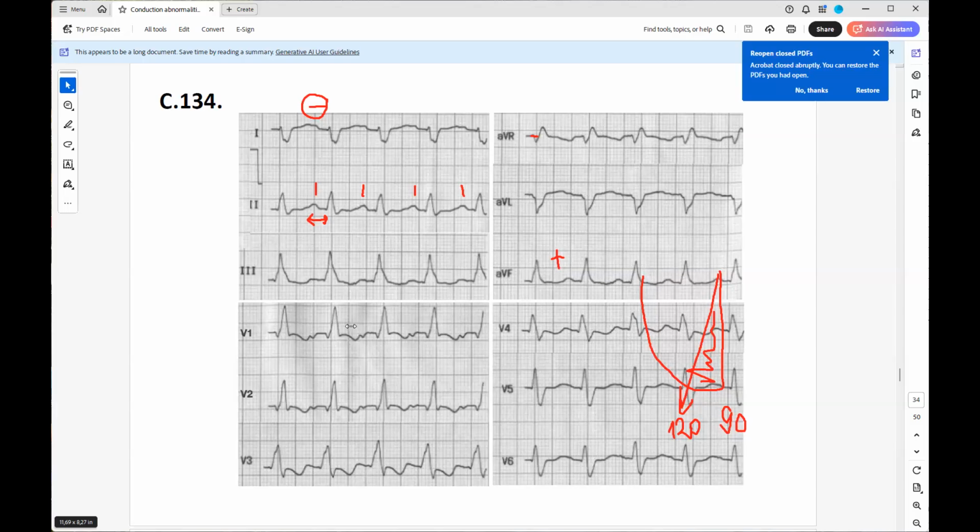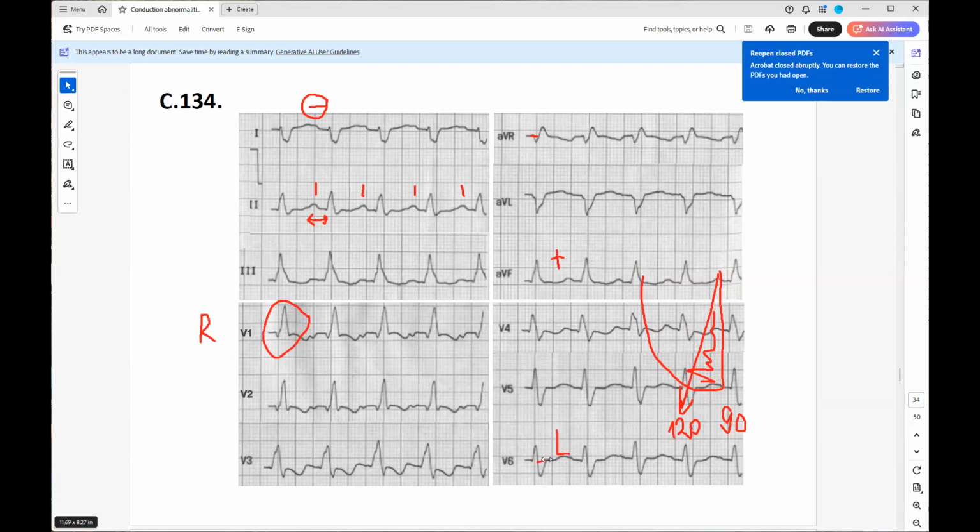We have an M shape in lead one and V3, which I think is left bundle branch, right? V1 is positive. What did I say? Whenever you do have the wide R complex, the block is there. That's the right side, okay? This is the left side, okay?